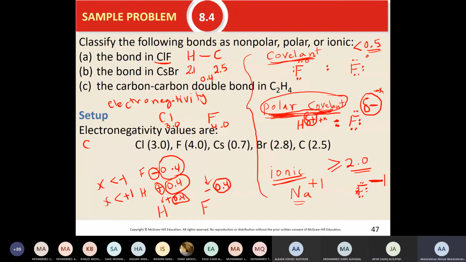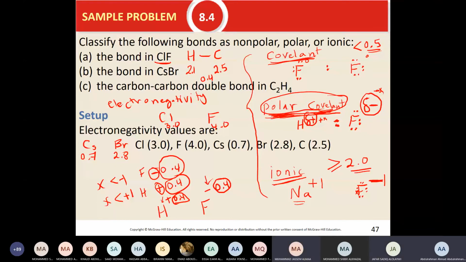Now, I don't want you to memorize this, but it is given to you here. CS and bromine. CS is 0.7 and bromine is 2.8. What type of bond is this? The difference is 2.1. It is ionic.